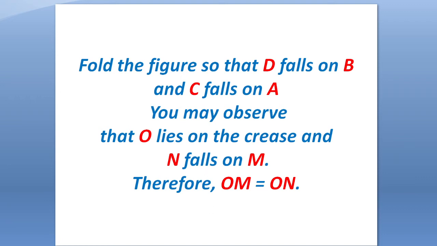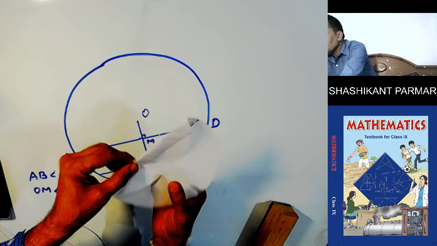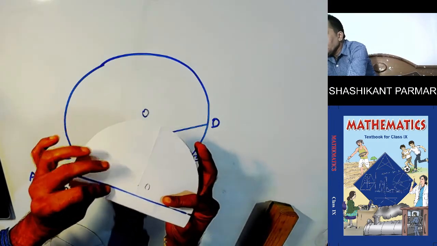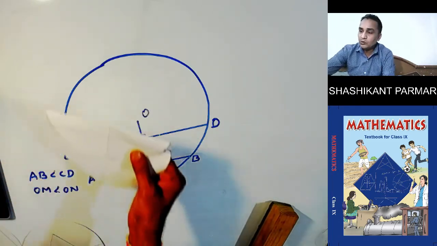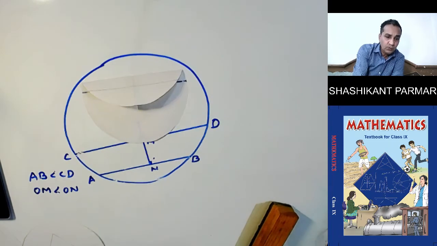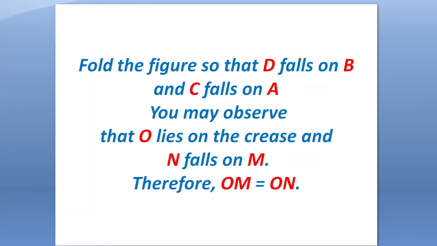See here. Here is M and here is N. So OM is equal to ON.